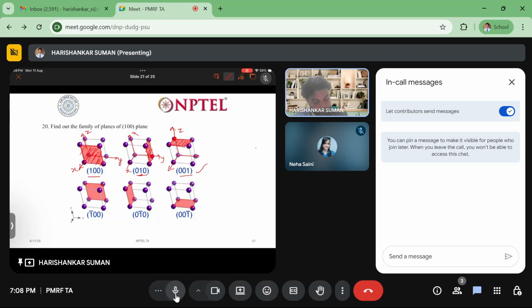Similarly, this is x axis, y axis, and z axis. So this is minus 1. After making this, it is minus 1 0 0. Similarly minus y.